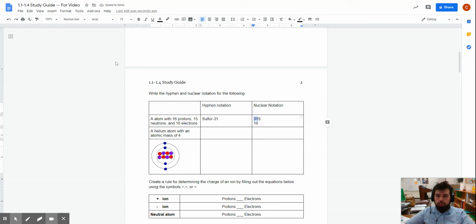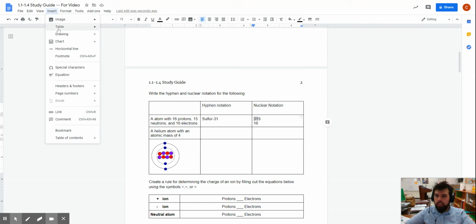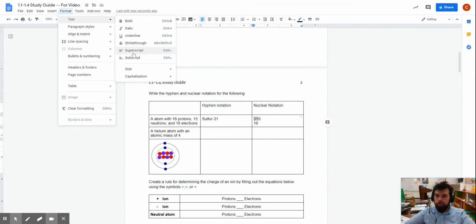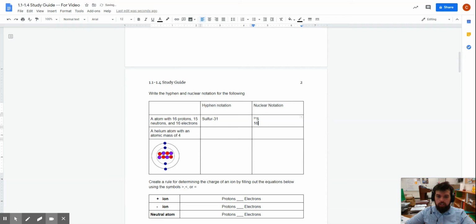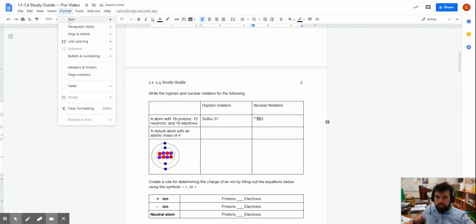If you want to, you can try to do some funky superscript stuff. I can do that. And then let's see what happens if I do that.